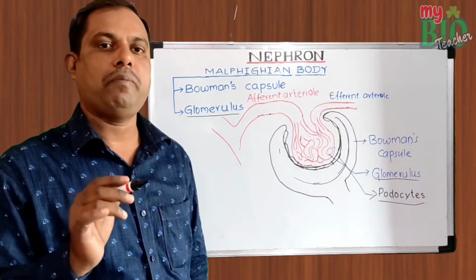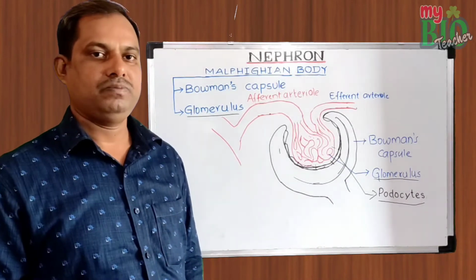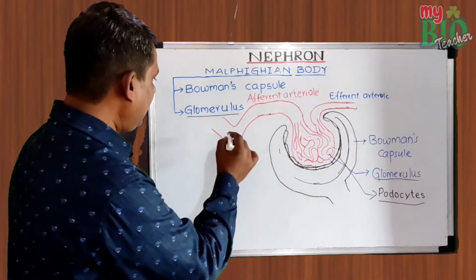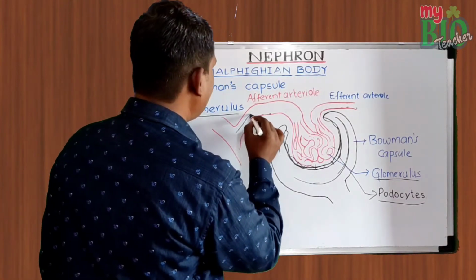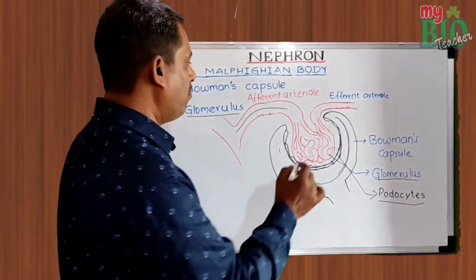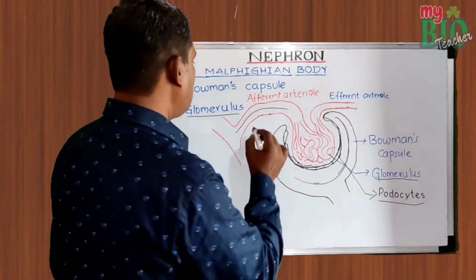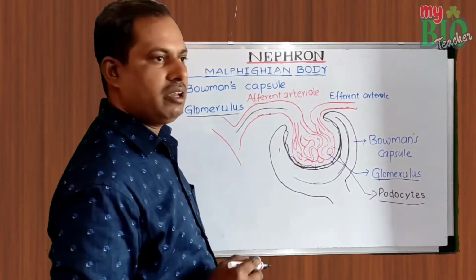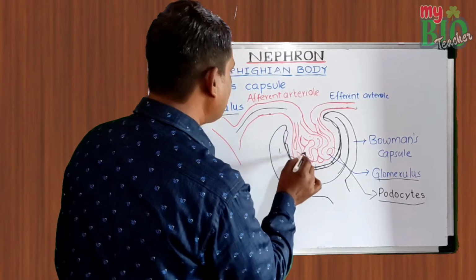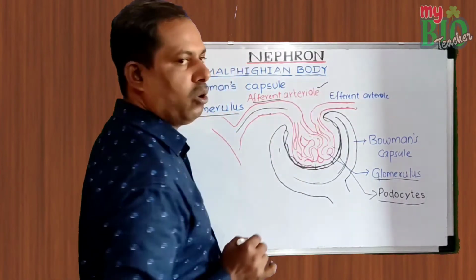Each blood capillary enters into a nephron, into the Bowman's capsule. The blood capillary which enters into the Bowman's capsule is called the afferent arteriole.